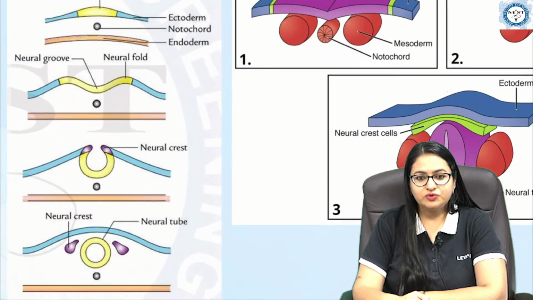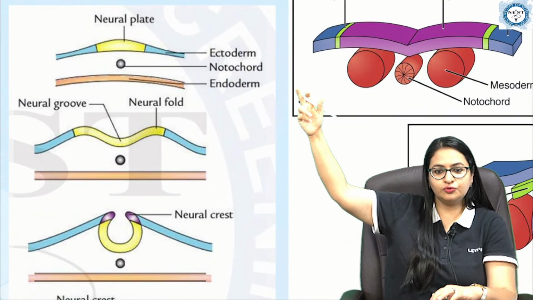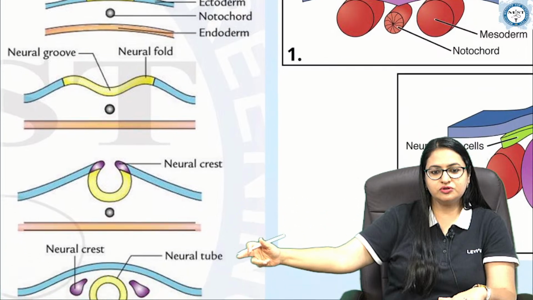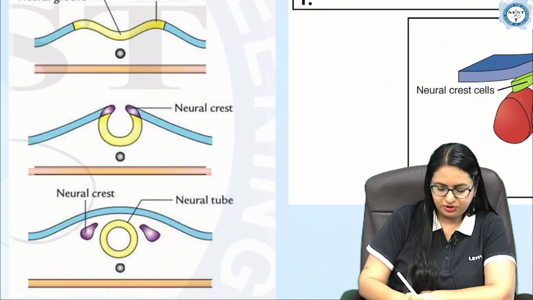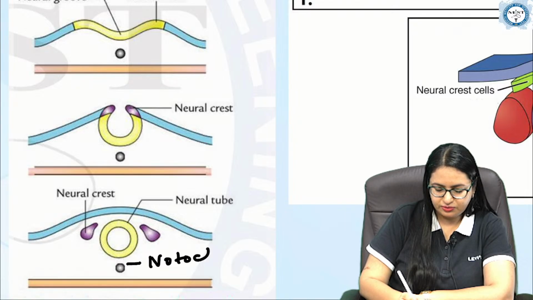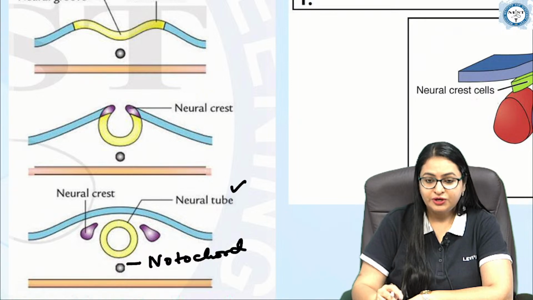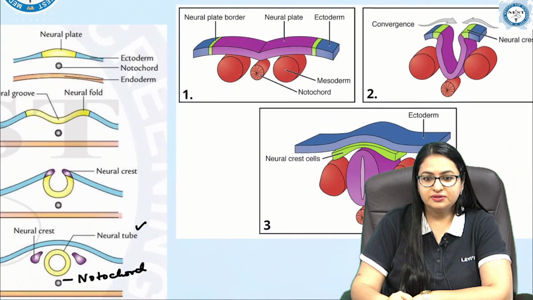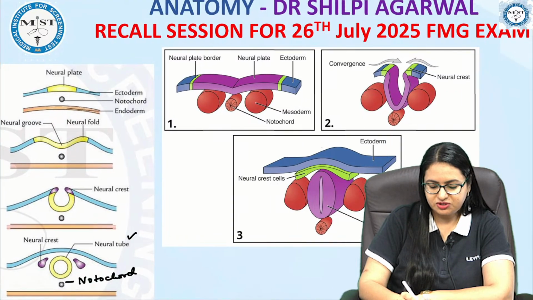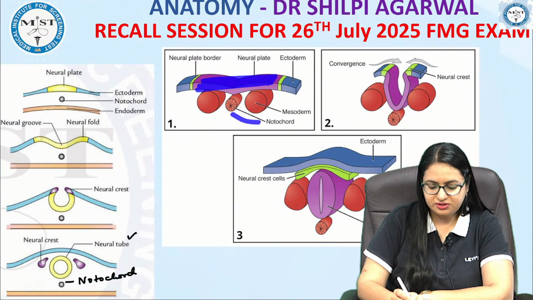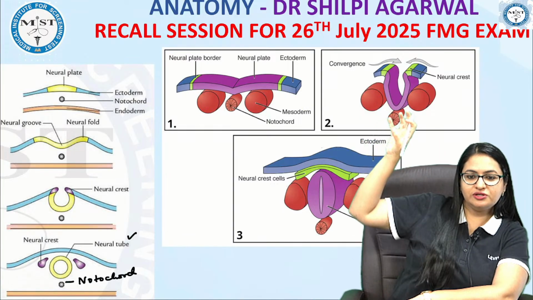In the class, we have already discussed that whenever the notochord is there, it leads to the formation of the neural tube. So finally, the round structure, we know very well, is the notochord, helping in the formation of the neural tube. Now, when you see this image, exactly the same thing is there. The neural plate is here, this is the notochord, on the sides you have the mesoderm, and slowly the neural tube is formed.